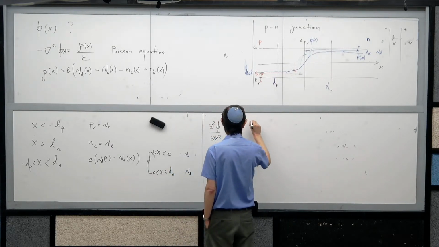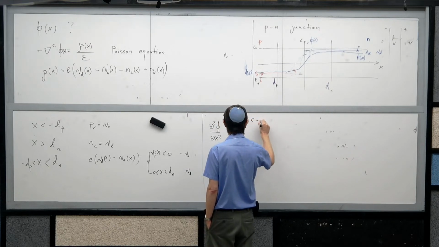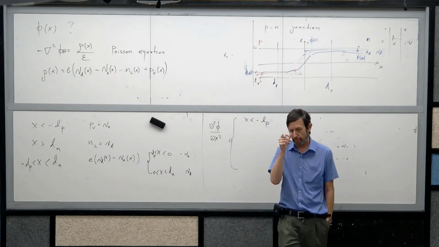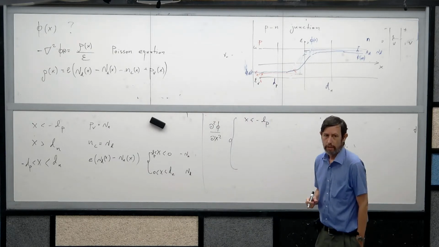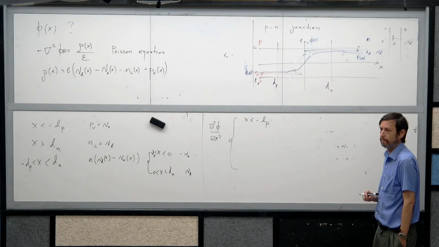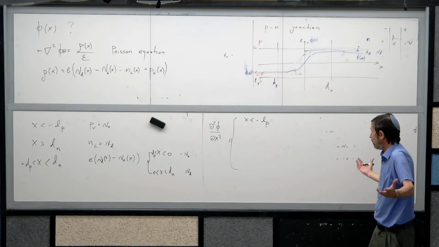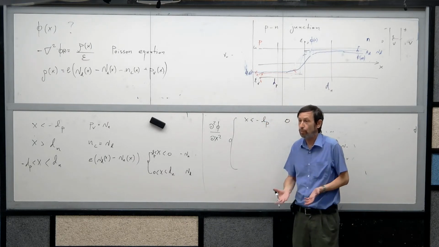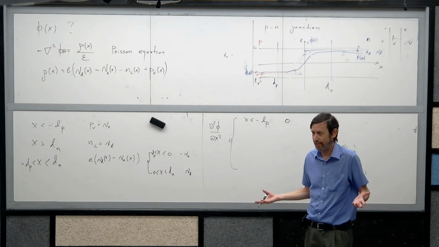So, for x smaller than minus d_p, what would be the second derivative of the potential? Zero, of course, nothing else. Can't be anything else: no charge, potential doesn't change.